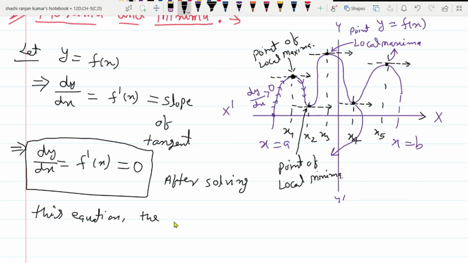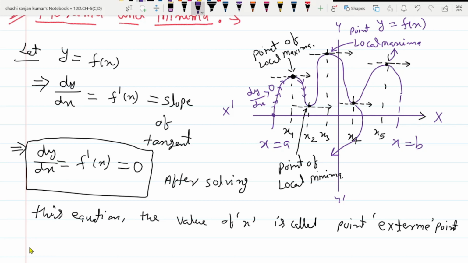So the value of x is called the point of extrema. Extrema means either maxima or minima. Extrema point means both are inside, maxima and minima both are there.